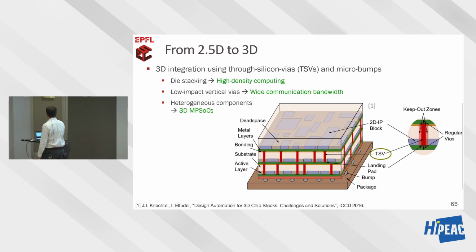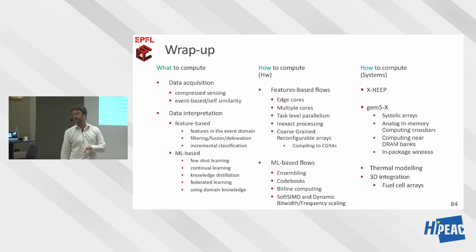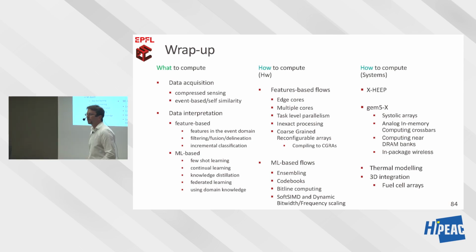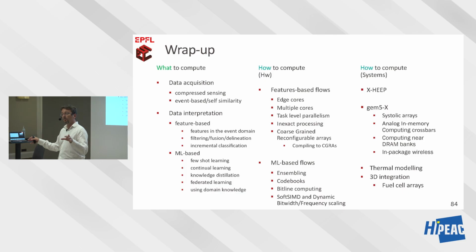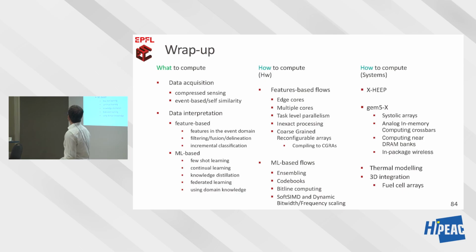Just some conclusions, and I really have to do that. This is what we have seen in those 4 lectures. We have gone around the hardware-software co-design recipe, and we have seen many ways in which these hardware-software co-design recipes can be applied, starting from applications and very low power scenarios and going up into more complicated architectures, and moving from applications to hardware and systems.